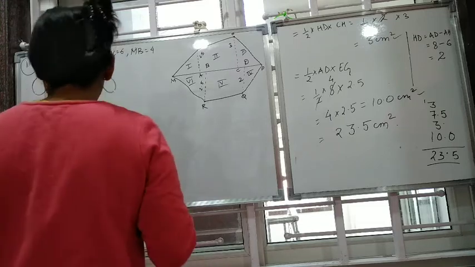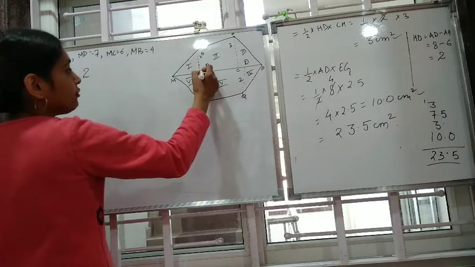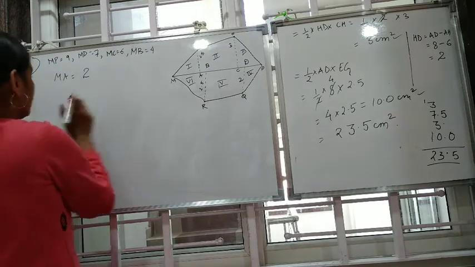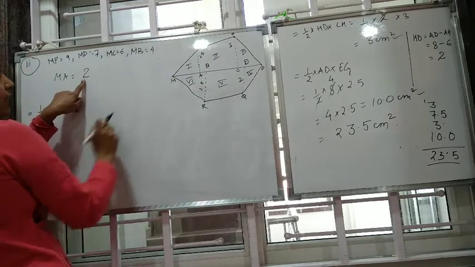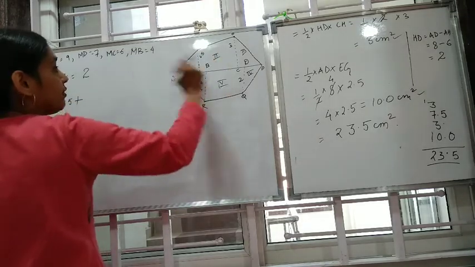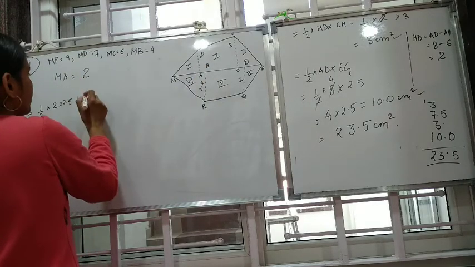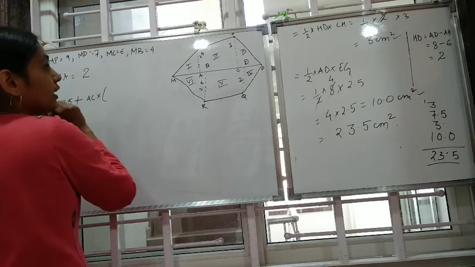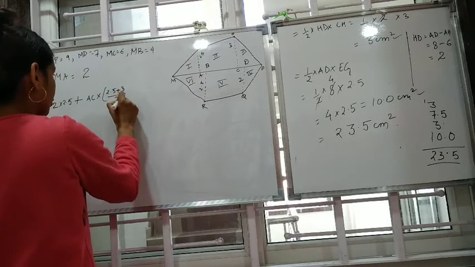MNOPQR. So let's start. Area of the first triangle is half base into height, where MA is 2, so I am writing directly half base is 2, and height is 2.5. Plus the second one, base AC. AC is given? No, AC is not given, so I am just writing AC into sum of parallel distance, that is 2.5 plus 3 by 2.